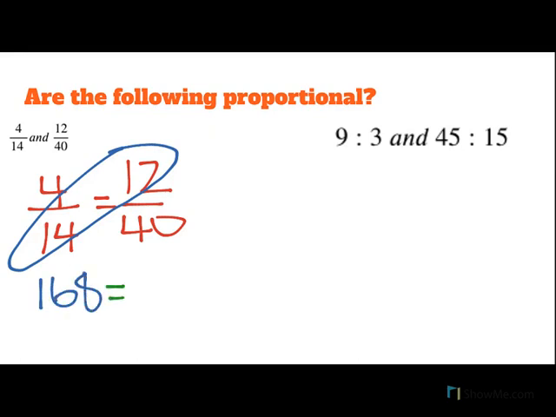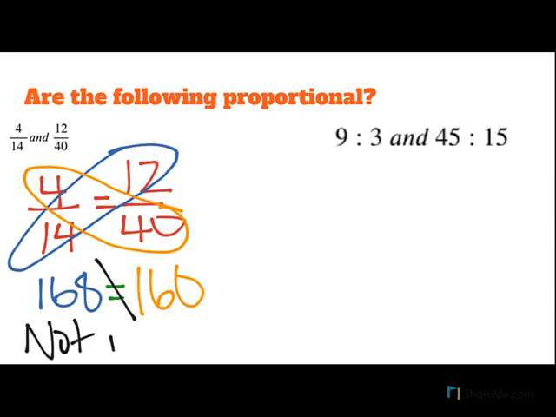Now I want to see, does this equal my other cross product, which is 4 times 40? 4 times 40 would be 160. So are these numbers equal? They are not equal, so that means that these two are not proportional. Or I could say they're not equivalent ratios. Why don't you go ahead and pause the video and try the last one on your own.